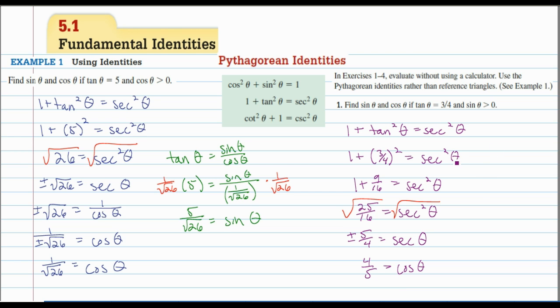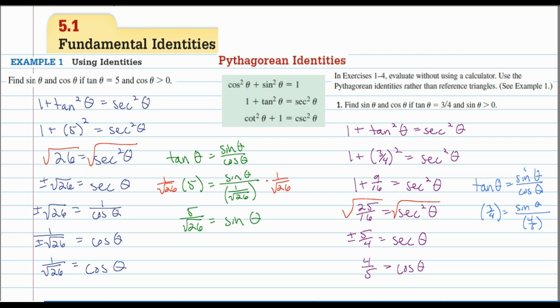Now I will use the other basic identity. Tangent of theta is sine over cosine. I know that tangent is 3/4, trying to find sine of theta. I know cosine is 4/5.